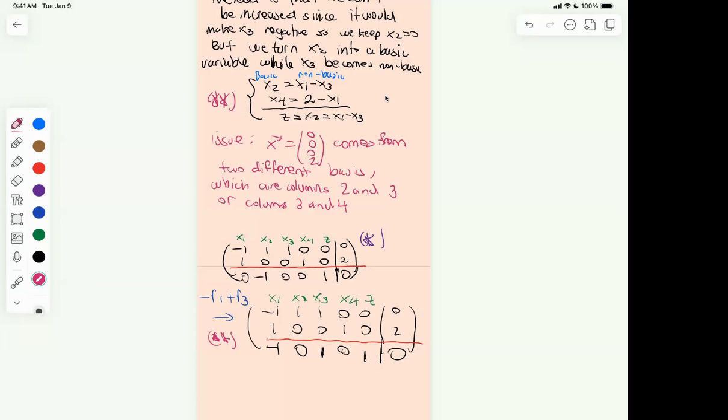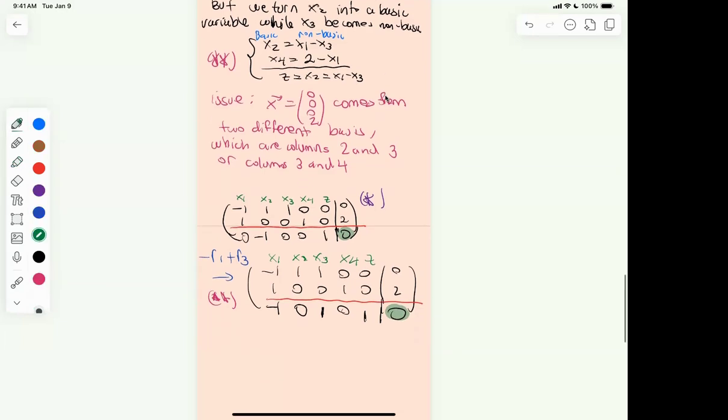It feels like you're getting stuck. If you notice these coefficients, the value for z didn't change. Okay.